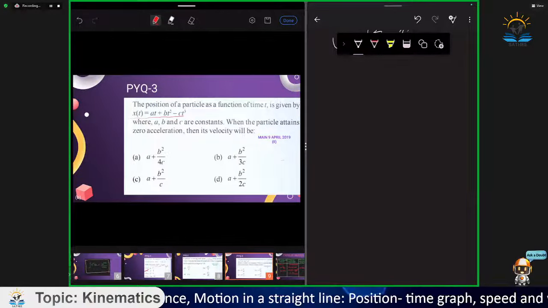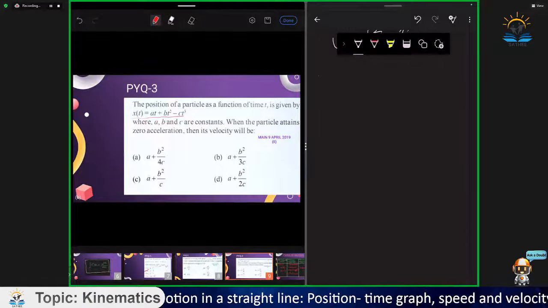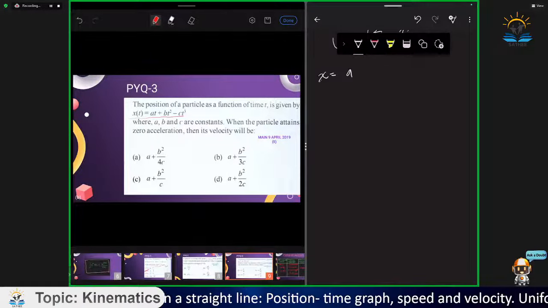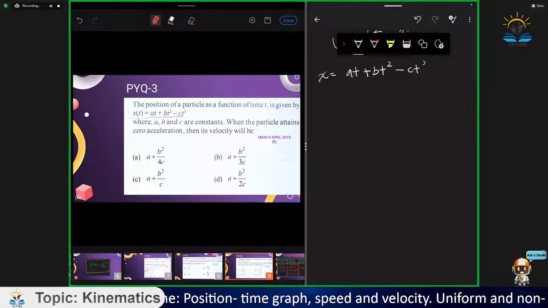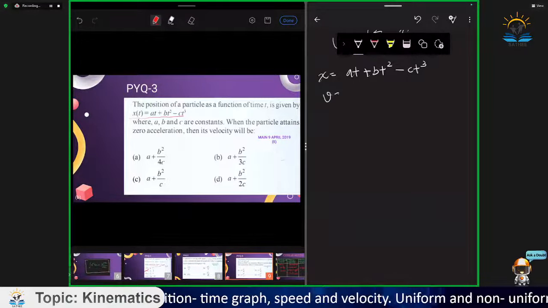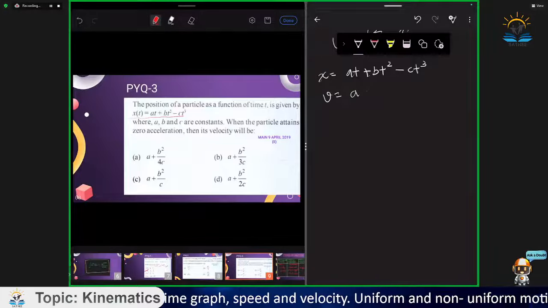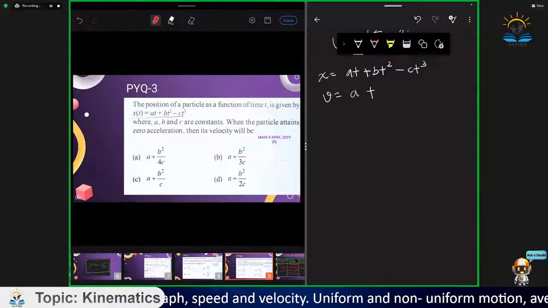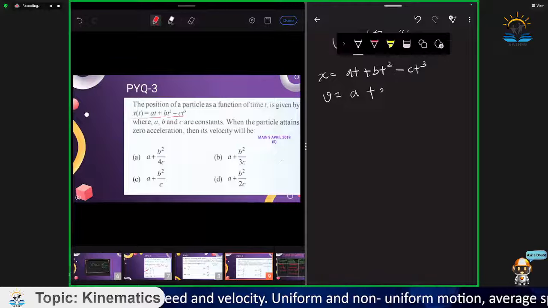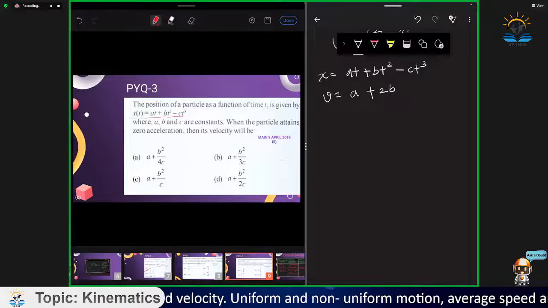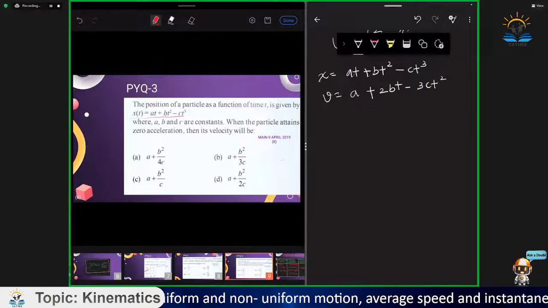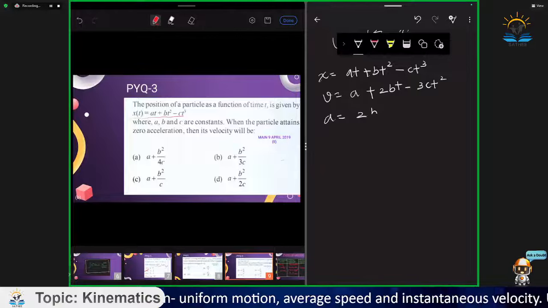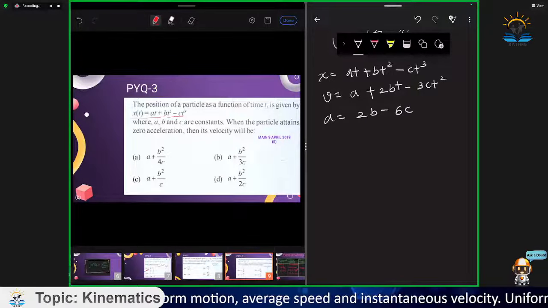So x is equal to at plus bt square minus ct cube. By differentiating this, we will get velocity as a plus 2bt minus 3ct square. Then acceleration will be 2b minus 6ct.